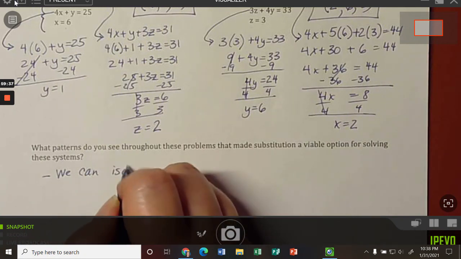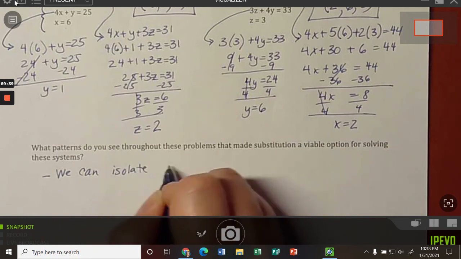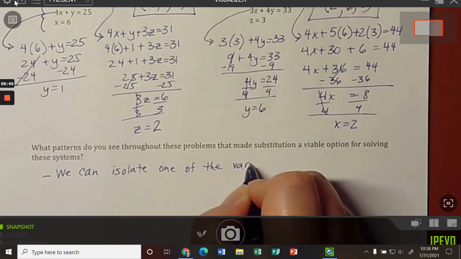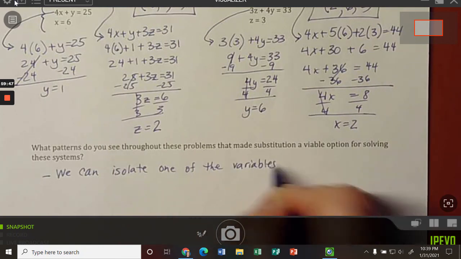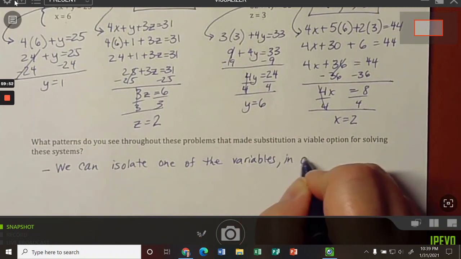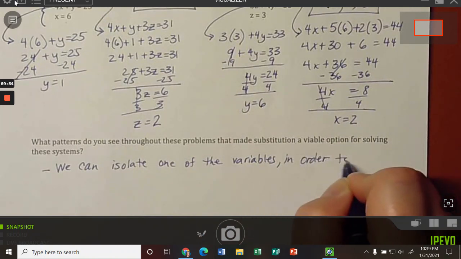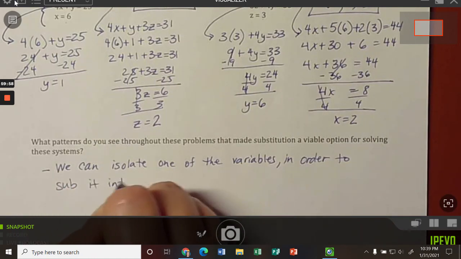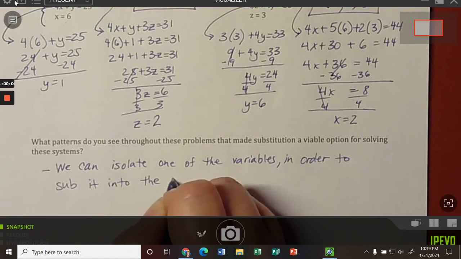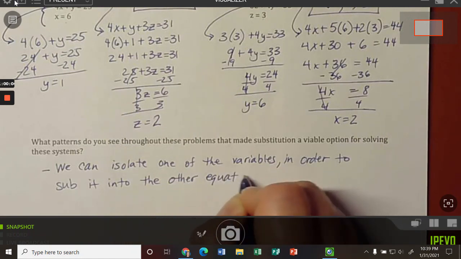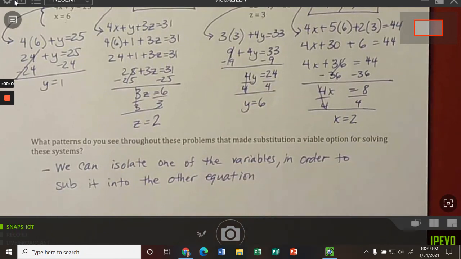We can isolate one of the variables, and it doesn't matter which one, in order to sub it into the other equation to create a solvable one variable equation.